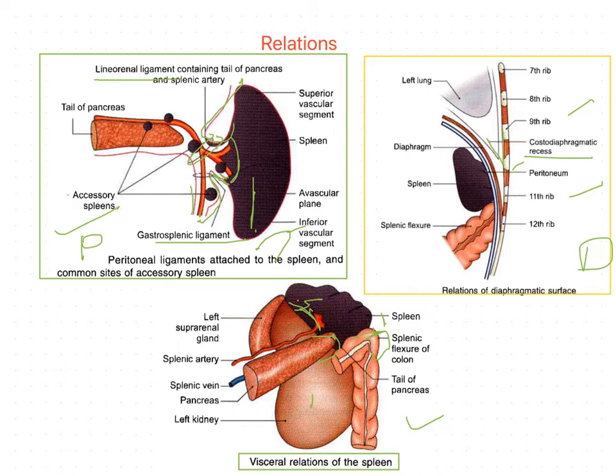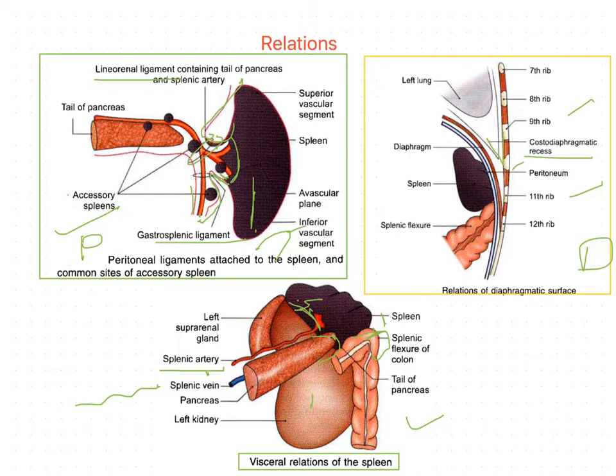Now the arterial supply. The spleen is mainly supplied by the splenic artery, which is the largest branch of the celiac trunk. This artery is tortuous in its course to allow for movements of the spleen.